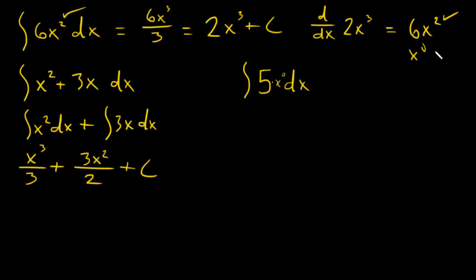Because x to the 0 is a 1, and 5 times 1 is 5, so that's what we have right there. So if I add 1 to it, that becomes 5 x to the first divided by 1, which is just 5x. So the integral of a constant is just that constant times x. And that makes perfect sense because if I take the derivative of 5x, I'm left with just a constant of 5. Sound good?